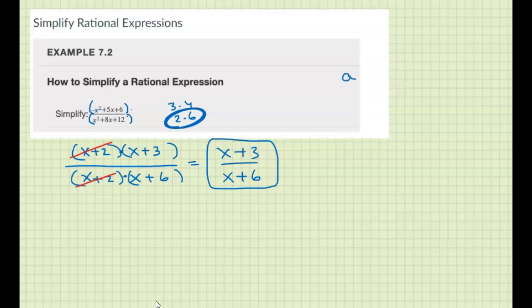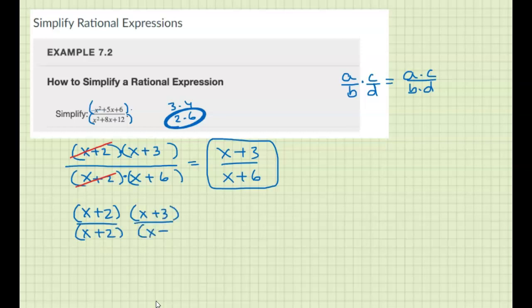If I have 2 fractions multiplied together, a over b times c over d, it goes a times c over b times d. It works in reverse too. After you factor it, you can separate it. You can do x plus 2 over x plus 2 and x plus 3 over x plus 6.